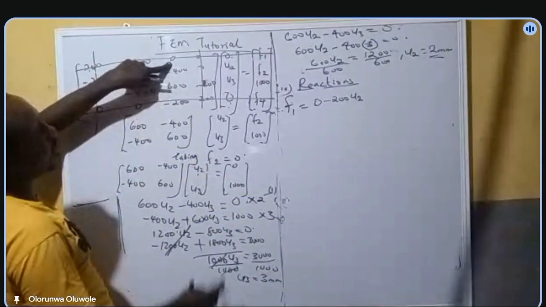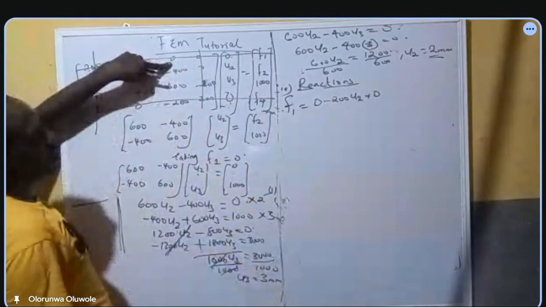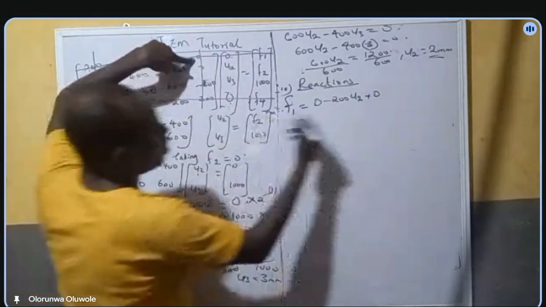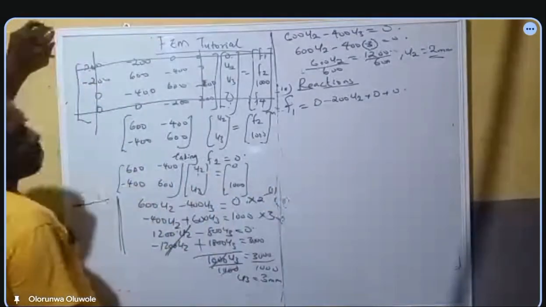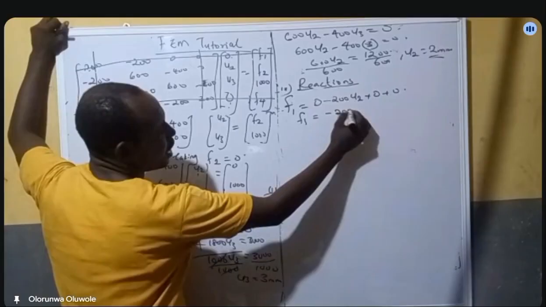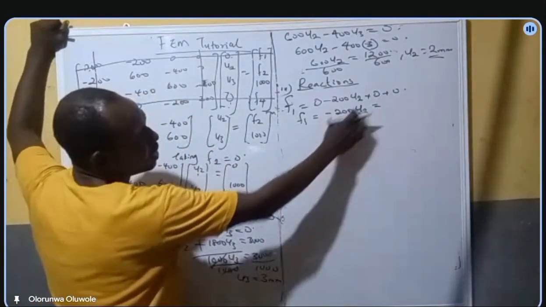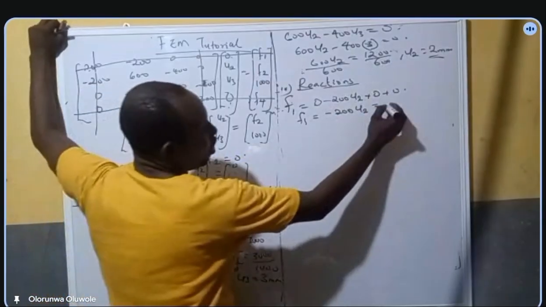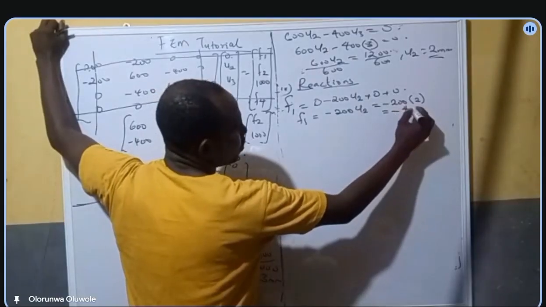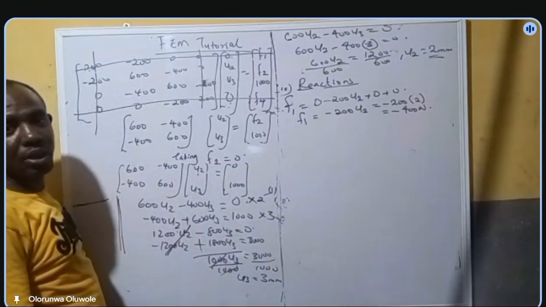And I come to this one now. 0 times U3 will give me a 0. Then this is 0 times 0 here will also give me a 0. So I'm left with F1 equals minus 200 U2. And we know that our U2 is 2 mm. So that becomes minus 200 times 2, which gives me minus 400 Newton. Do we get that?